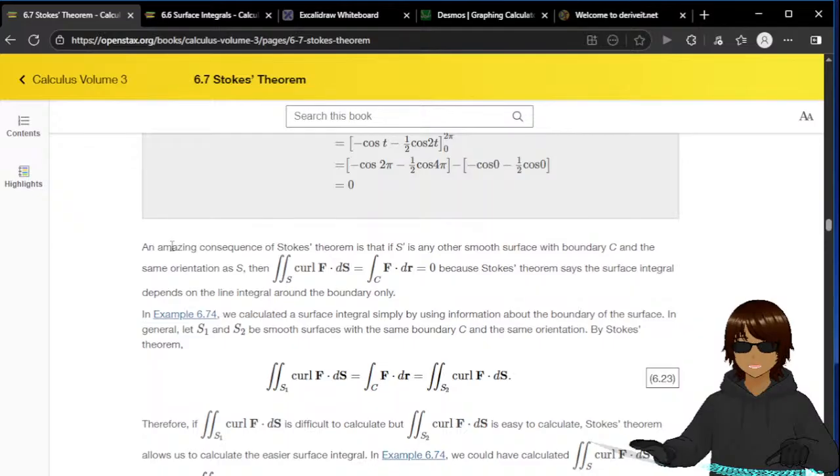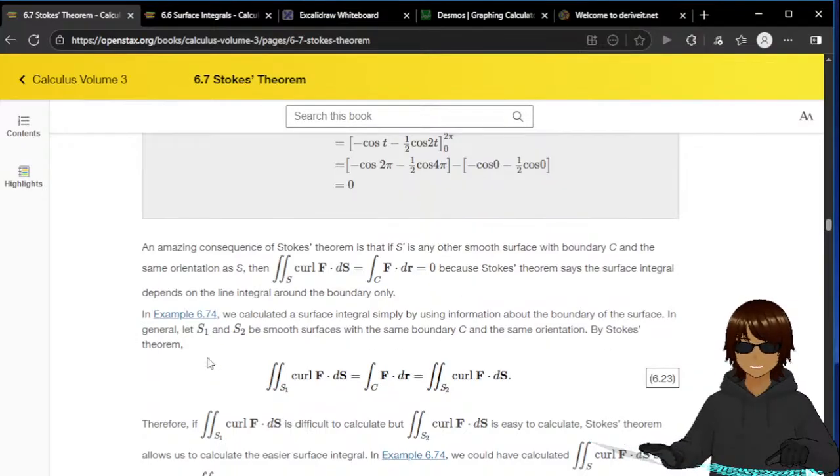An amazing consequence of Stokes' theorem is that if S naught is any other smooth surface with boundary C, the same orientation as S, then the integral of curl f dot dS is equal to the integral of f dot dr, which is equal to 0. Because Stokes' theorem says the surface integral depends on the line integral around the boundary only. In Example 6.74, we calculated the surface integral simply by using information about the boundary of the surface. In general, let S1 and S2 be smooth surfaces with boundary C and the same orientation.